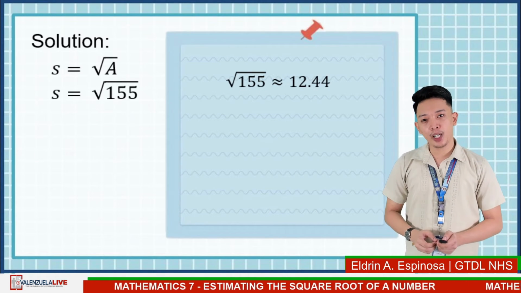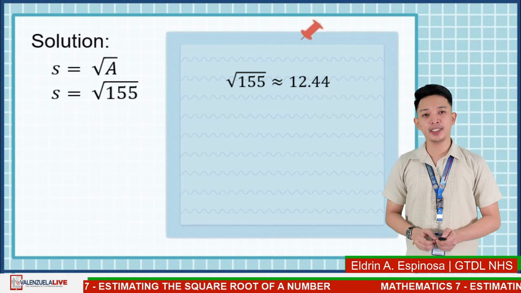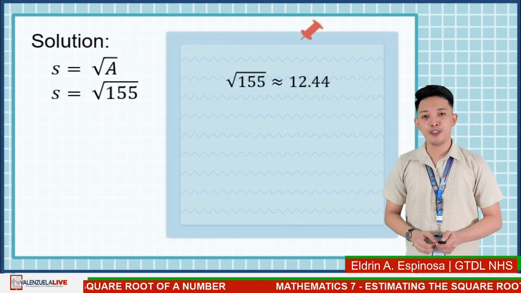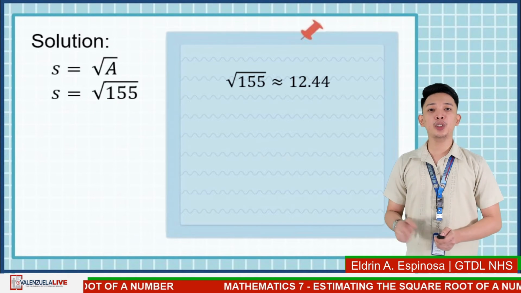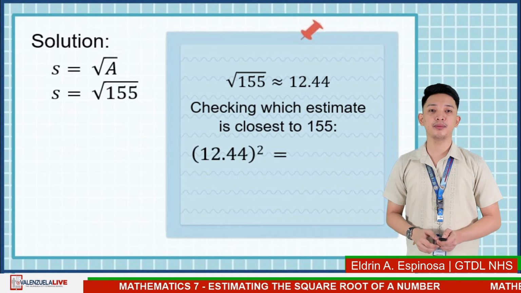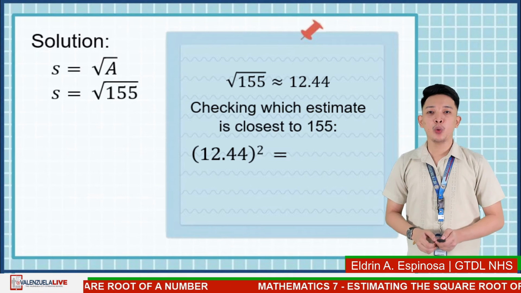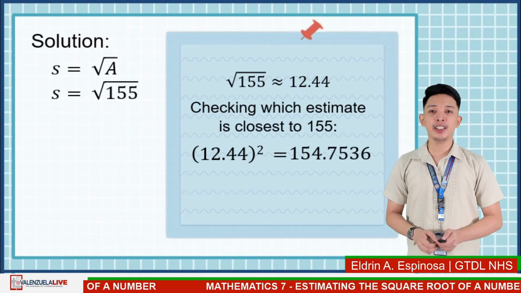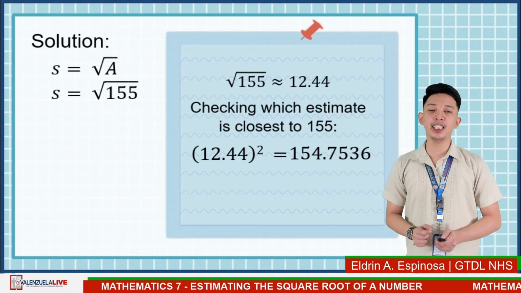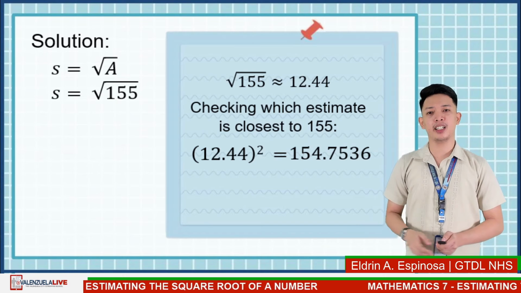Check if the square of 12 and 44 hundredths is already closest to 155. So, what have we got? Will you try to solve this one? All right. We will get 154 and 7,536 10,000ths. That's a little bit far.